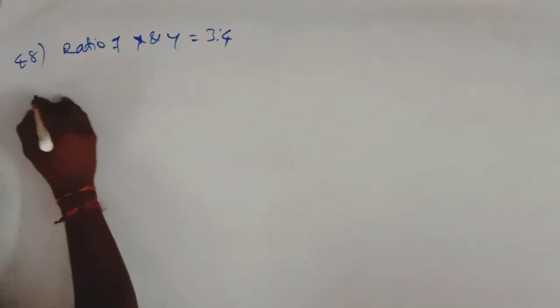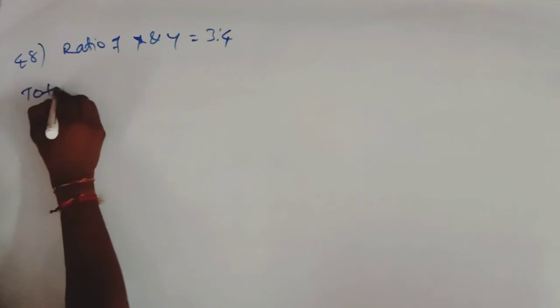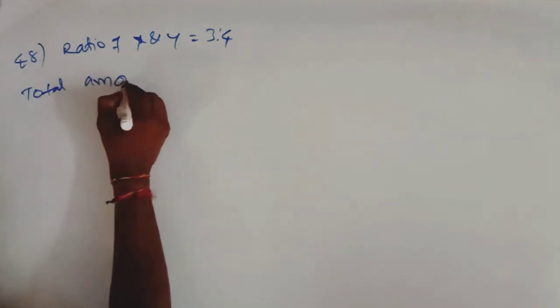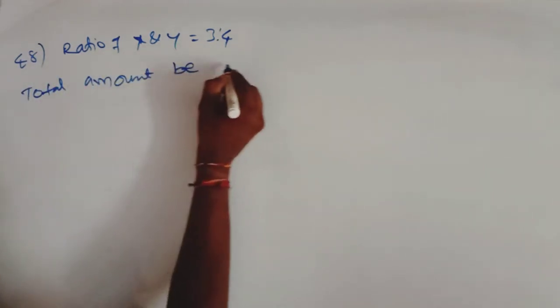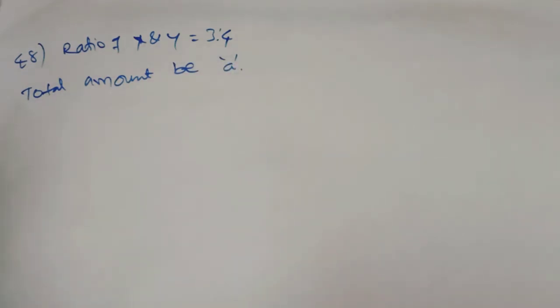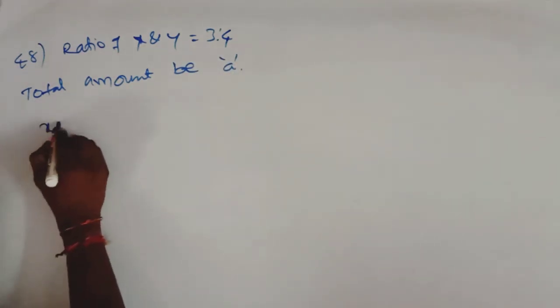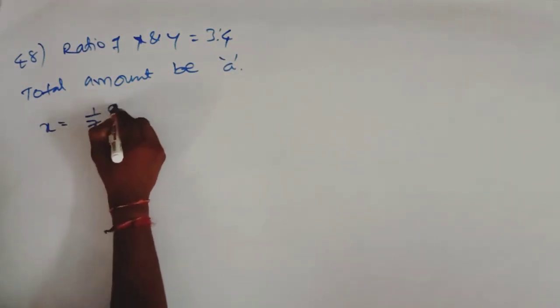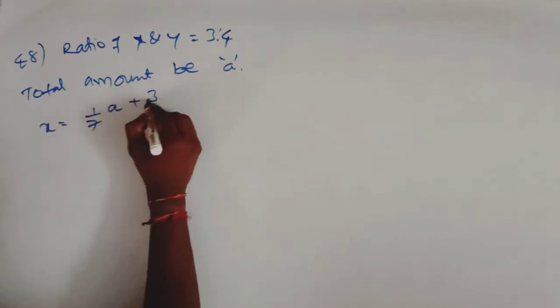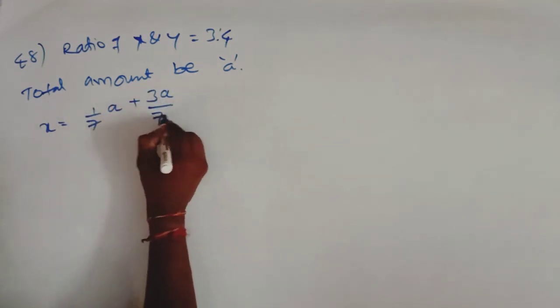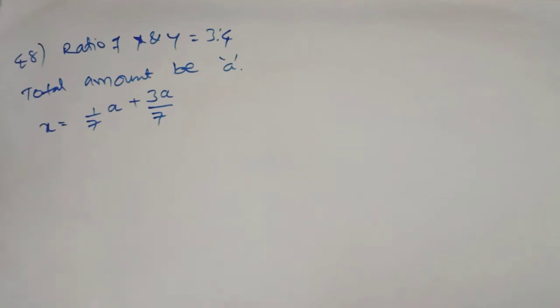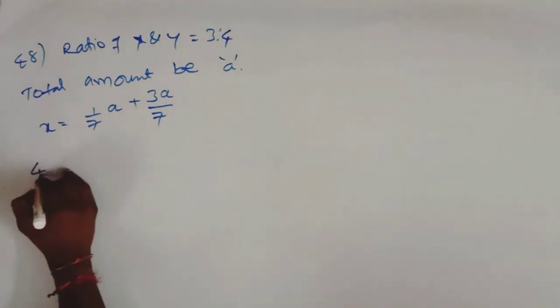Okay. Now I don't know the total amount. So I am taking the total amount as A. Okay. Now x is equal to 1/7 of the total value plus 3/7. The total ratio is 7. Now, A got how much value? 480 rupees.